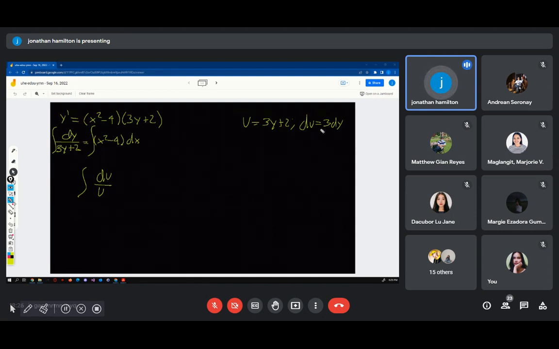So para ma-cancel out aning 3 para sa aning equation, we could multiply the first integral by 1/3. Okay, once man 1/3 siya, ma-cancel out nato ang 3, ang 1/3 og 3. So we could say 1/3 times the integral of du over u is equal to the integral of x squared minus 4 dx.